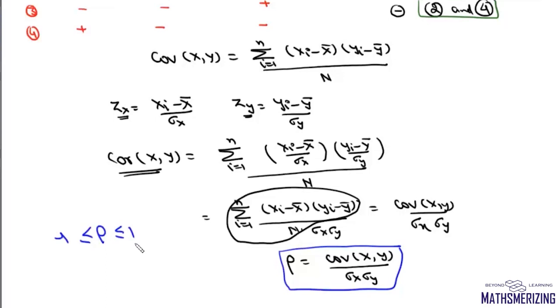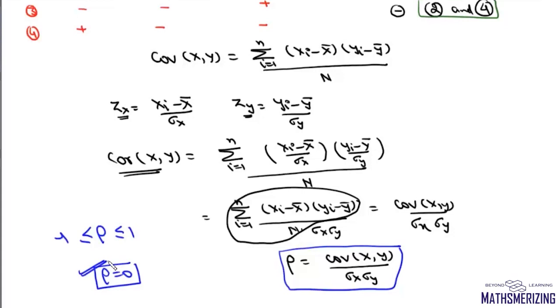Now if rho is 1, that means the direction is positive and they are strongly positively correlated. And if rho is -1, then there is a strong negative linear correlation between the variables. Now if the coefficient of correlation is 0, what does that imply? Does that imply there is no relationship between x and y?